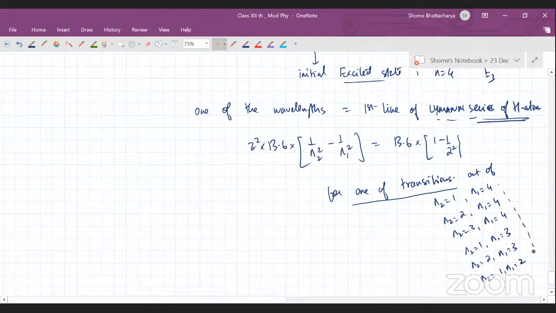These are 6 of them. Out of 6, one of these put in this formula should match this.